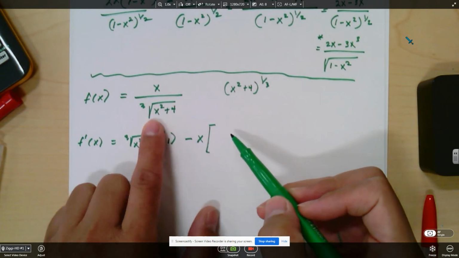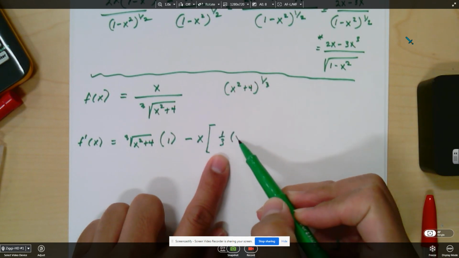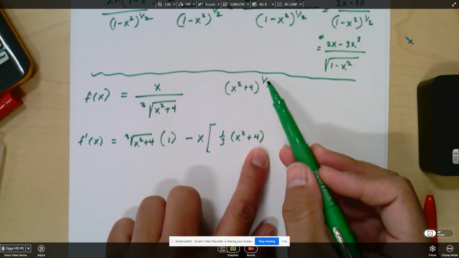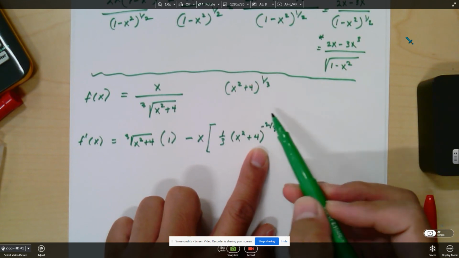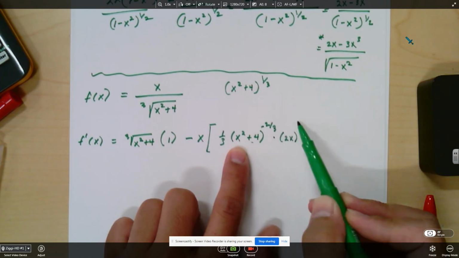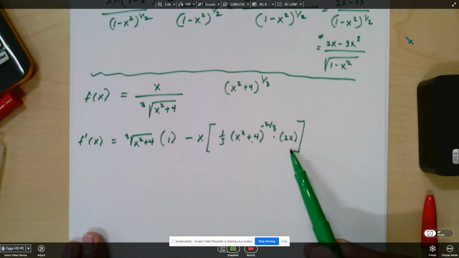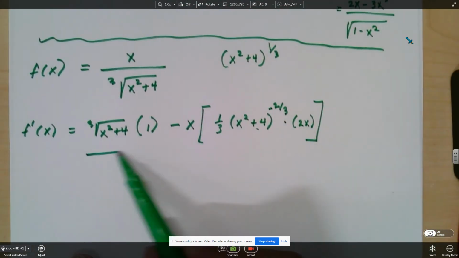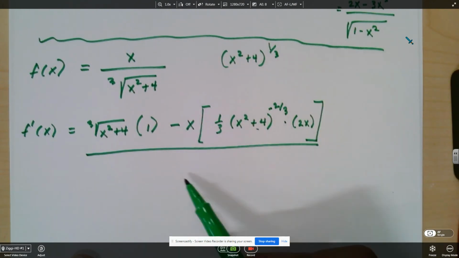So then the d low is the derivative of this low piece, and it's a 1/3. Leave the inner piece alone. Subtract 1 from this 1/3, so you're going to get negative 2/3. And then the derivative of the inner piece, which is 2x. So that's the low d high minus high d low, a chain rule, over the square of what's below. So the below is that, but when you square it, it will be 2/3.